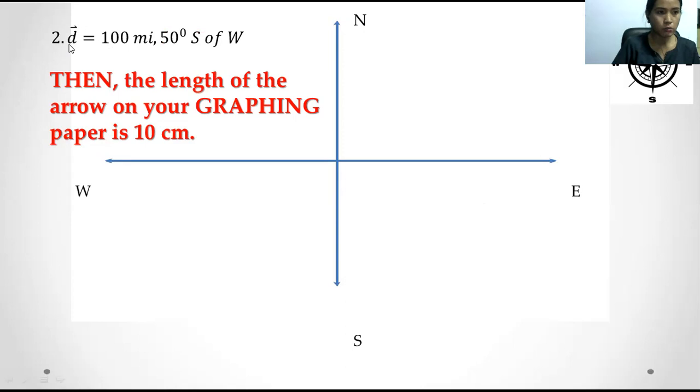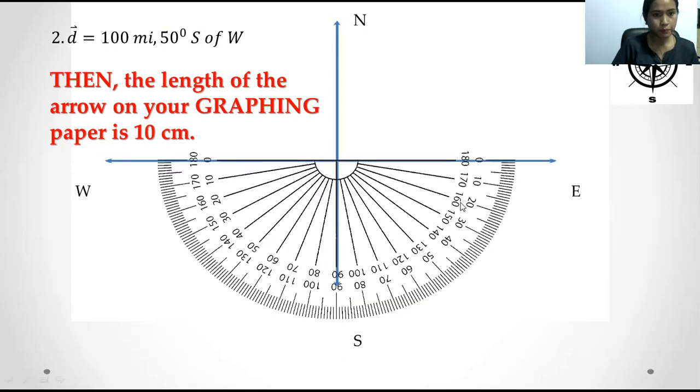This time we are to draw graphically a displacement of 100 miles, 50 degrees south of west. We will position our protractor this way, since south of west is measured from the western direction going southwards. That vector is shown by this red arrow.